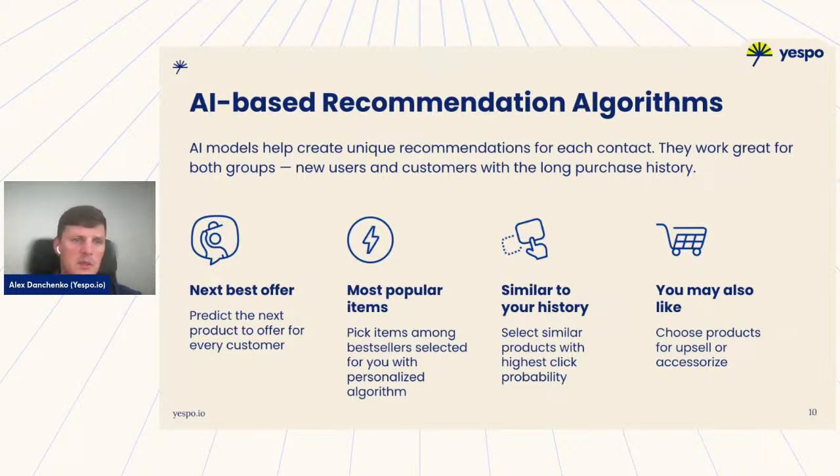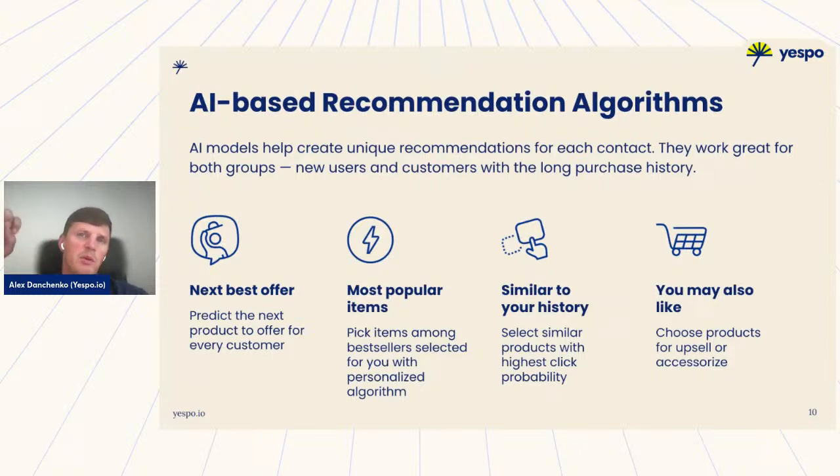The first one is next best offer, which predicts the next product to offer for every customer. To be honest, we rarely speak about just one product, but more about the array of products which are most relevant for this customer.